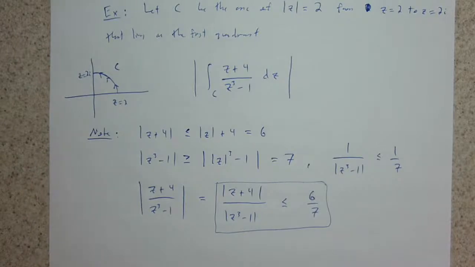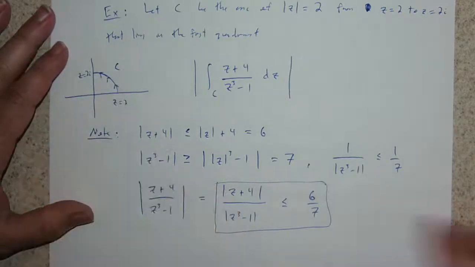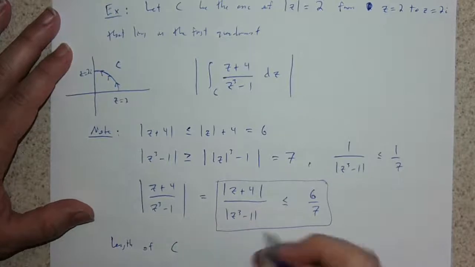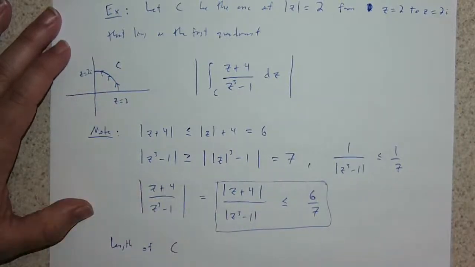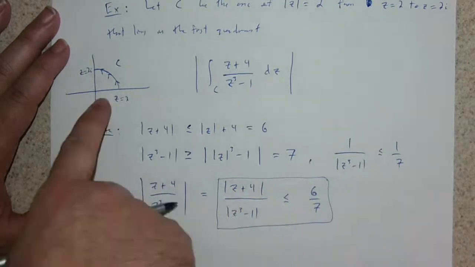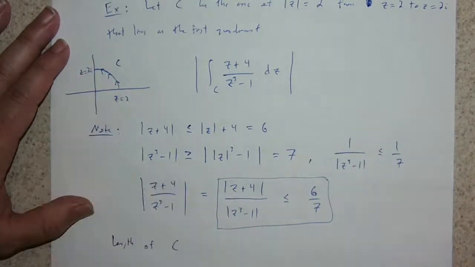And so now all I need is to actually compute the length of C. Length of C, well, it's 1/4 of a circle of radius 2 centered at the origin. Where it's centered doesn't matter, but it's 1/4 of a circle of radius 2.